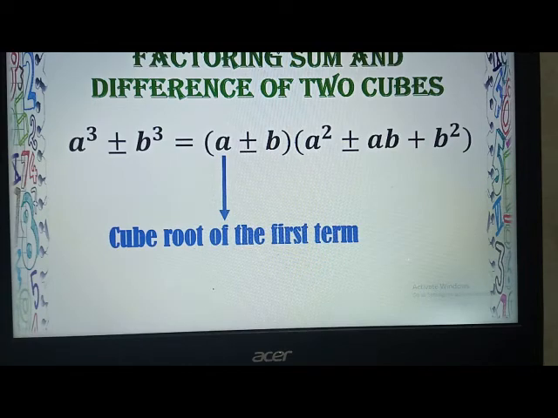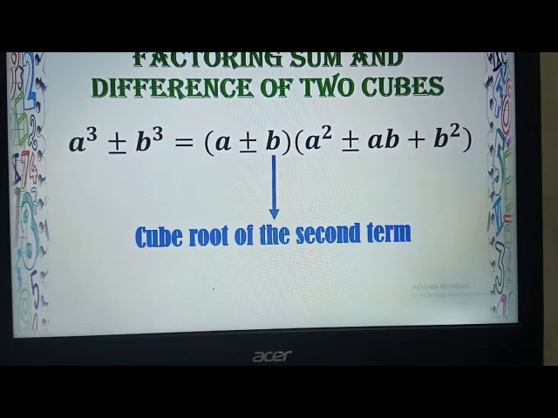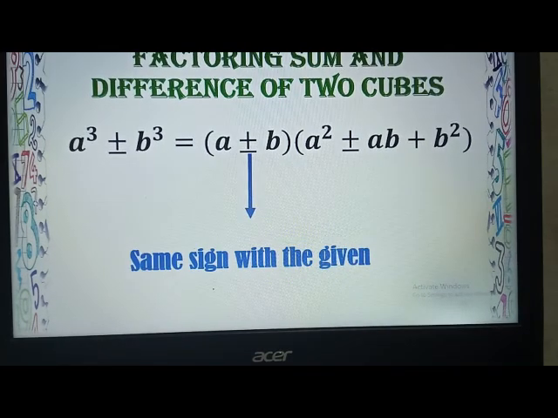And then the second term of the binomial factor is taken by getting the cube root of the second term of the given binomial. For the operation, it must be of the same sign with the given. So if the given binomial is plus, this must also be plus. Minus then.